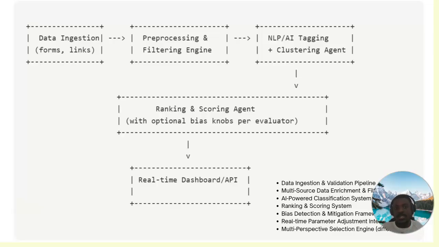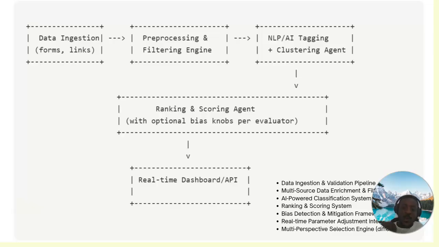So this could also happen. So basically we call it the ranking and scoring system. One very interesting thing here is we can make it very dynamic, in the sense that we can adjust the parameters to suit the expectations of the client, right?